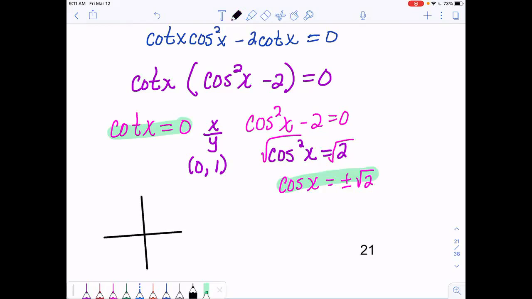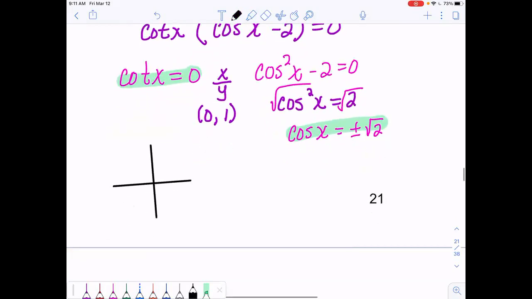So on the unit circle, when is the x 0? Well, it's 0 on the y-axis at the top, and it's 0 on the y-axis at the bottom. That would be my ordered pairs, (0, 1) and (0, -1).